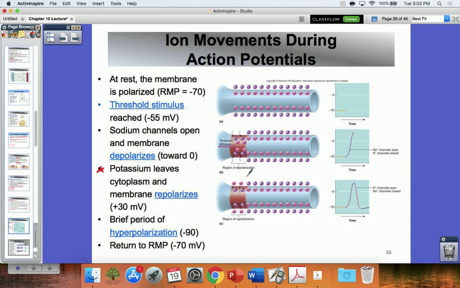But it does it so fast that it actually hyperpolarizes for a temporary moment to about negative 90. And then the sodium potassium pump helps return it to the resting membrane potential of negative 70.